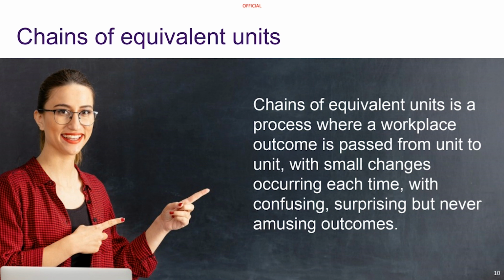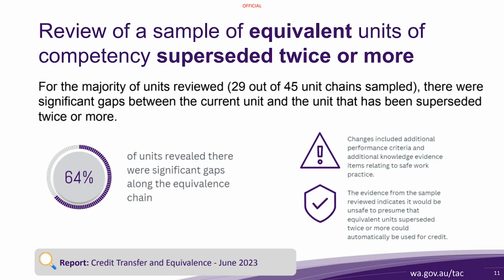So we looked at all 55 or 54 training packages. There were 45 training packages where units of competency were chained. By that I mean there were equivalences of equivalences of equivalences.